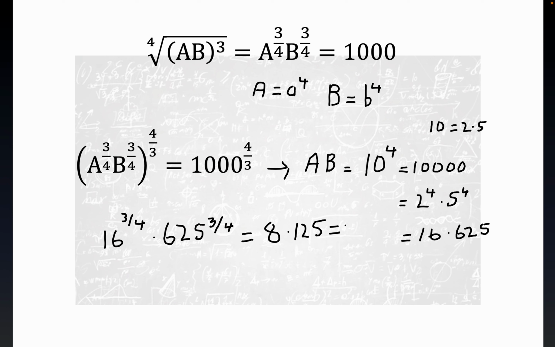So 8 times 125 equals 1,000, which was the original problem. So we've shown that A must equal 16. I'm pretty sure this is unique. A equals 16, and B is equal to 625.